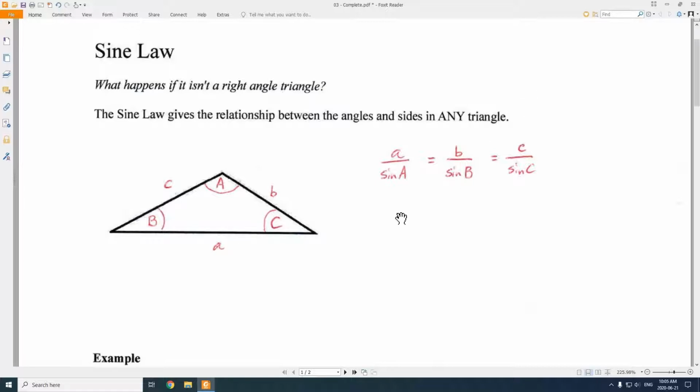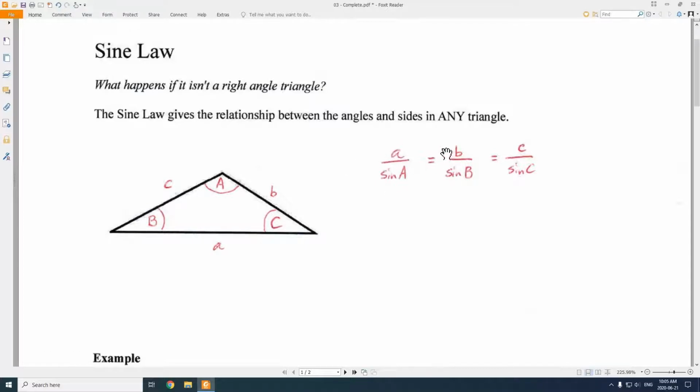So what you can do is you can label your triangle, and then you can just use whichever ones are needed, right? So if A and B are the important ones in that question, you would just use that part of the equation. If A and C are the only important sides, you would just leave this out, and you would just use the first and last part of the equation. So you can set any two of these equal to each other.